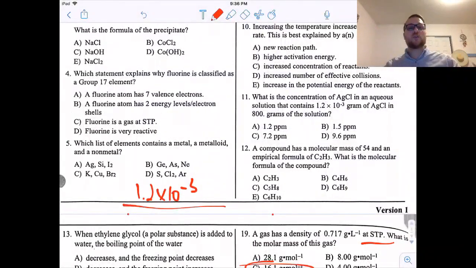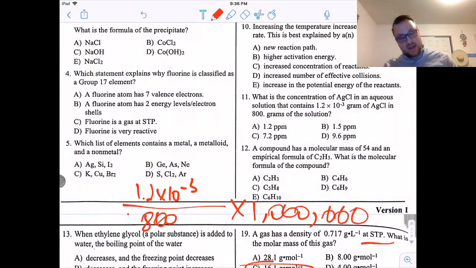So take your grams of solute, divide it by your grams of solution. So 1.2 times 10 to the negative 3 is just 0.0012, divided by 800, times 10 to the 6th. And I get 1.5.